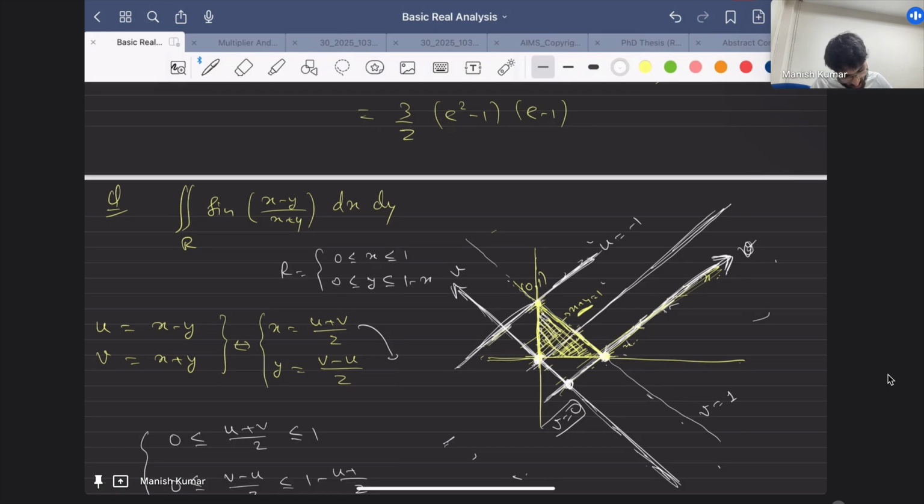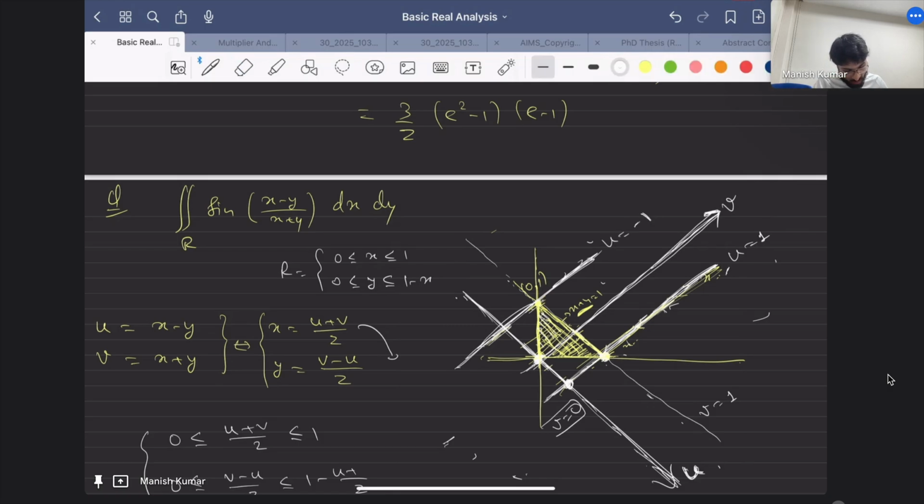Okay, so v axis, no, I am messing this up. u equals 1 means that my v axis would be here. Okay, so I got it. Now this is my u. So this is my new coordinate u. This is v. This is u equals 1. This is u equals minus 1. And this is v equals 1.